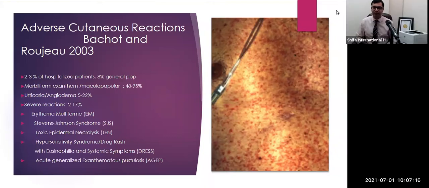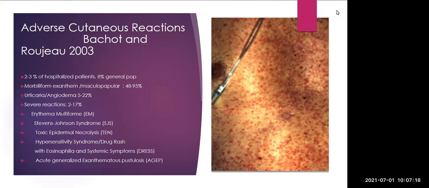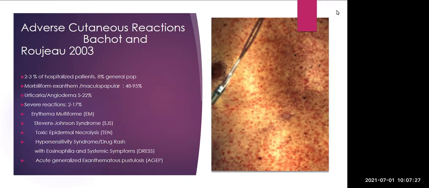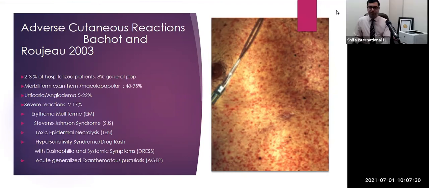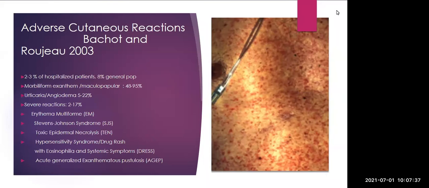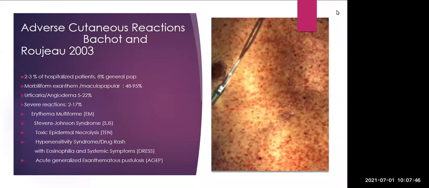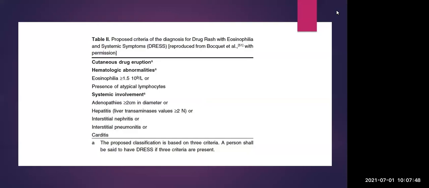Some people will have urticaria or angioedema. And out of that, erythema multiforme is one of the presentations, along with Stevens-Johnson syndrome, toxic epidermal necrolysis, DRESS, and AGEP. We'll talk about them in the emergency lectures at the end of this webinar series, but today we'll be touching on erythema multiforme and DRESS.